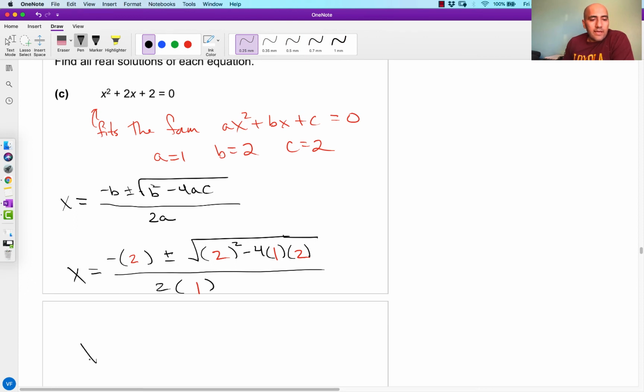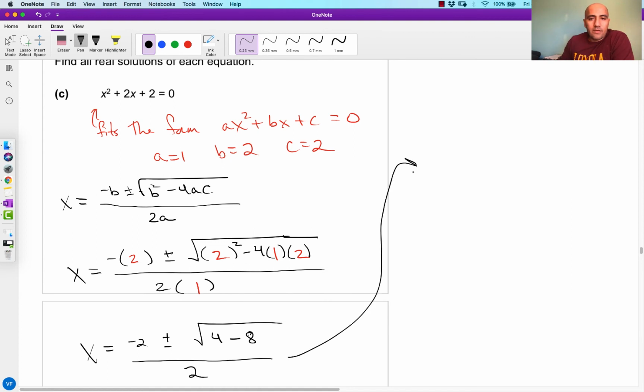So this will be x equals negative 2 plus or minus the square root of 4 minus 8 all over 2. And so this is going to be x equals negative 2 plus or minus root negative 4 all over 2.